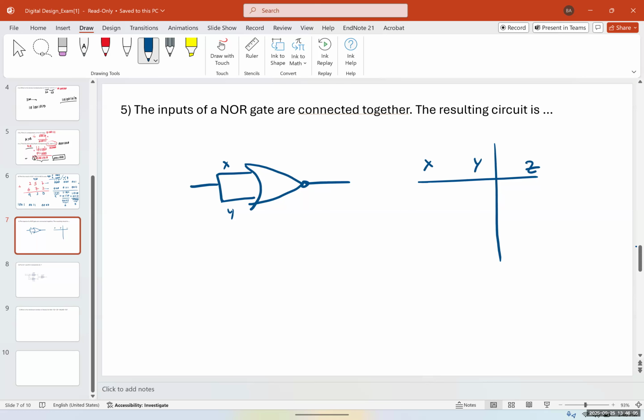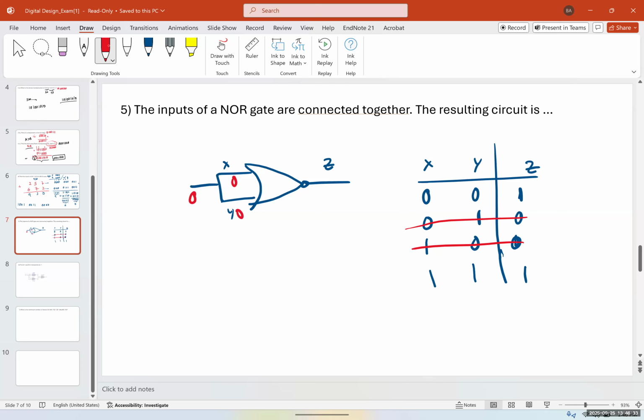Yes. So for a NOR gate, 0 0 is equal to 1. 0 1 is equal to 0. 1 0 is equal to 0, and 1 1 is equal to 1. When they are tied together, it means they can't be different. So these two are out of the picture. The input could be either 0 or it could be 1.